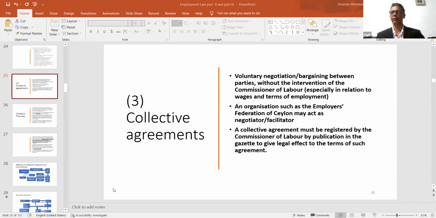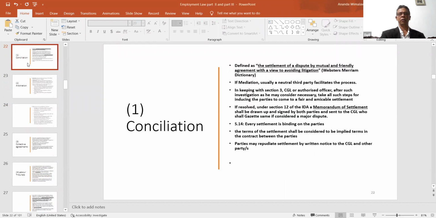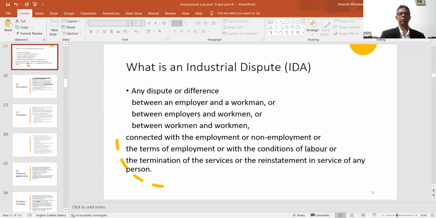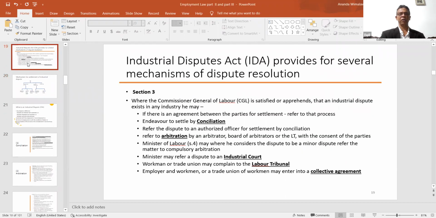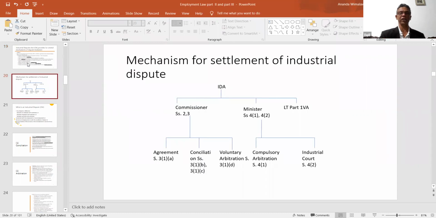Okay, let's start. Now, I would like to draw your attention to the mechanism of industrial dispute.